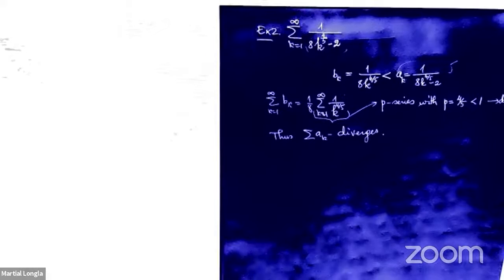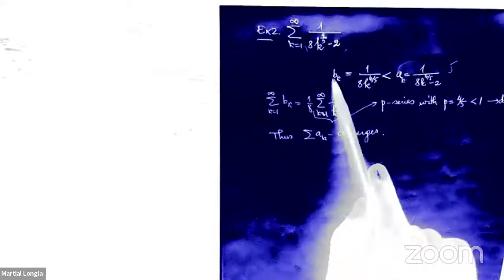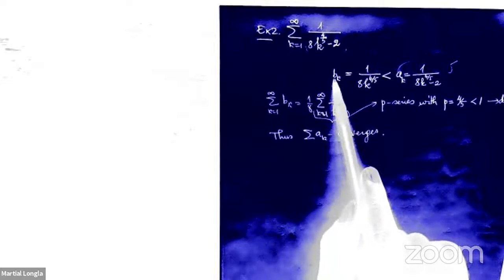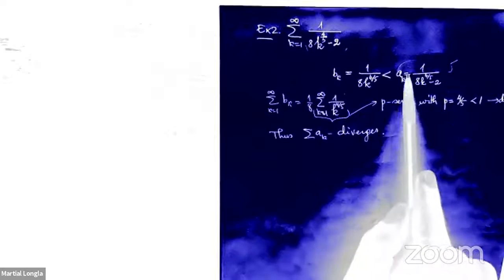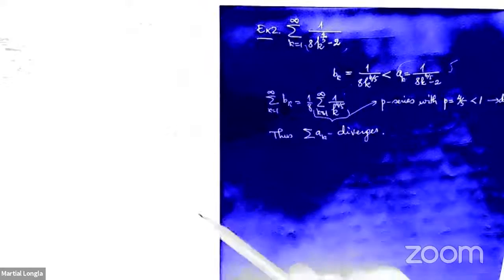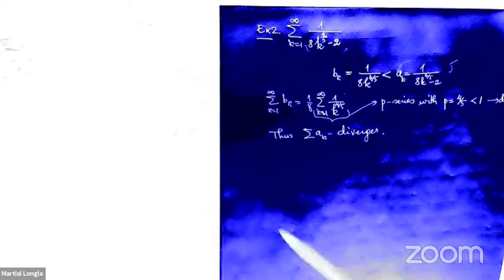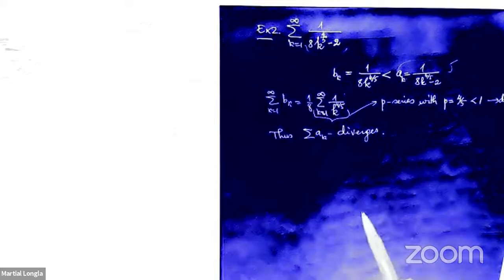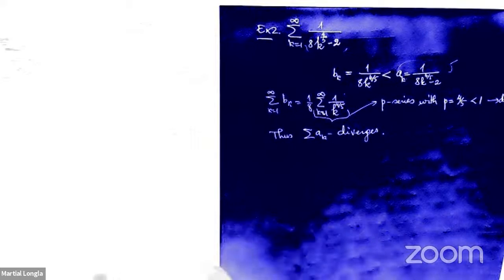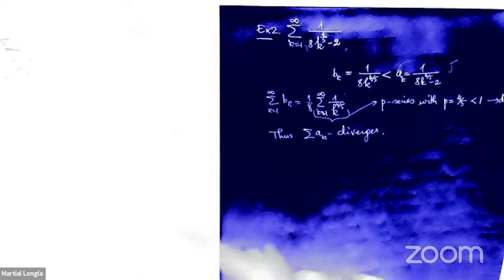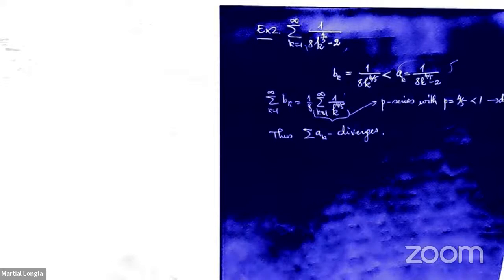So if I can manage to put below AK a sequence whose series diverges, then I conclude that the series of AK diverges. If I can manage to put above a series that converges, then I conclude that the initial series converges. That's the rule. Any questions?